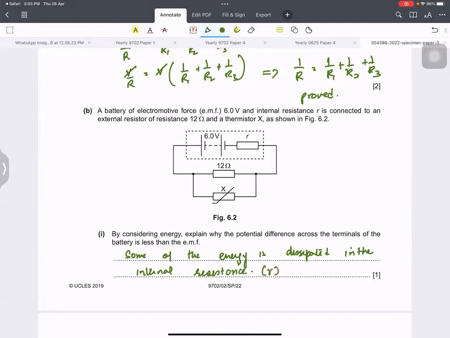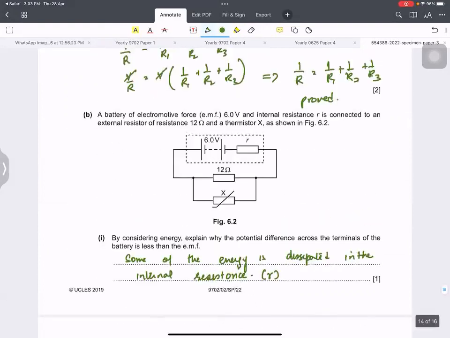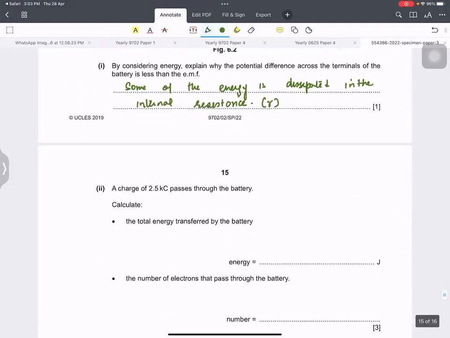Okay. Then it says 25 kilocoulombs passes through the battery. Calculate the total energy transferred by the battery. Okay, so we have the voltage. We have the connected external resistance of 12 ohms. There's nothing else, right? Okay, so we just have charge. So energy equals voltage times charge.